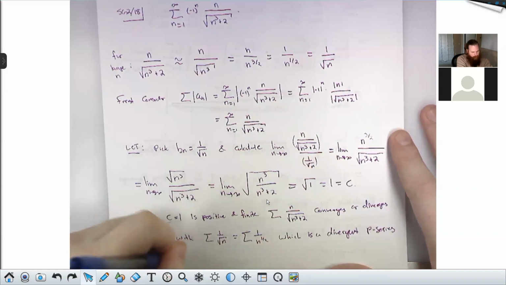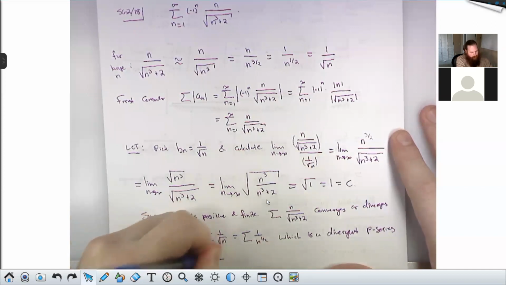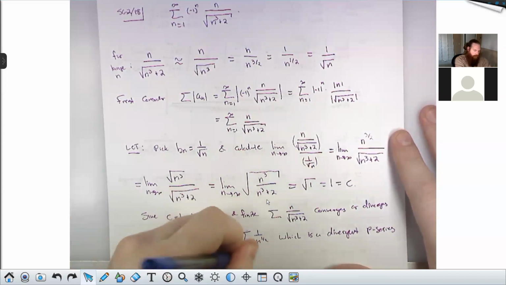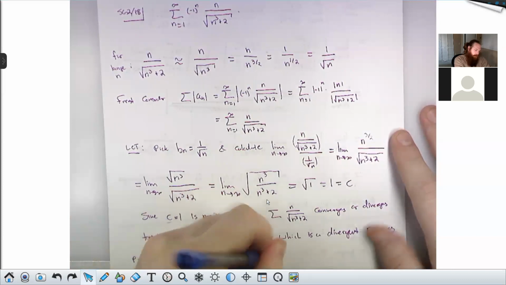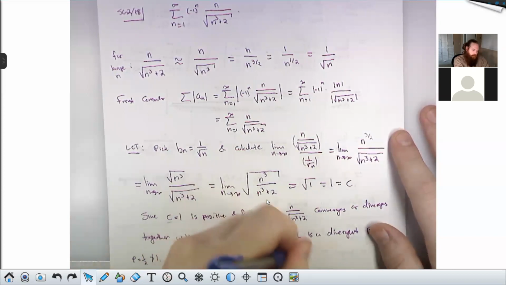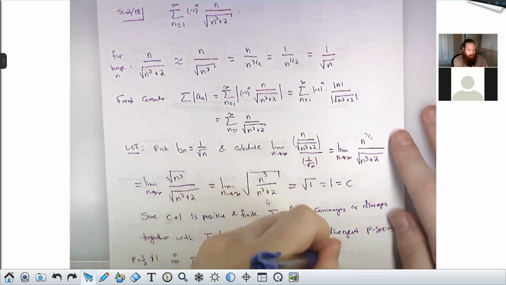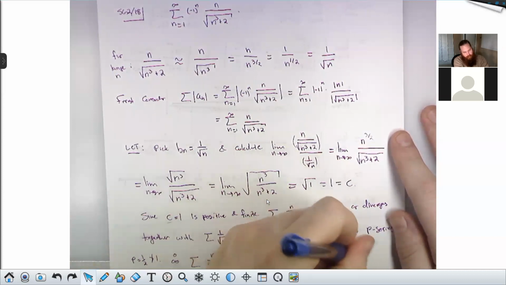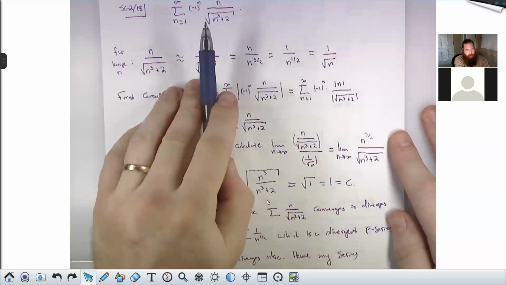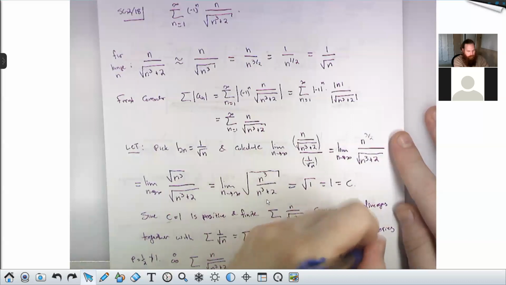Therefore, the series n over square root n cubed plus 2 diverges also. Hence, my original series does not converge absolutely.